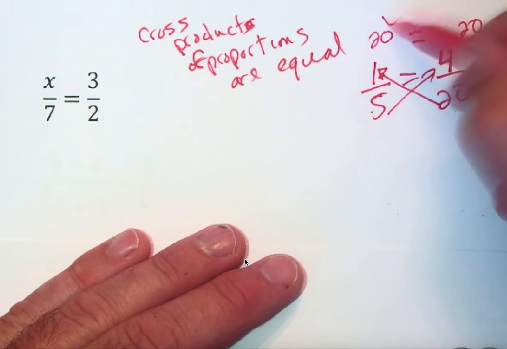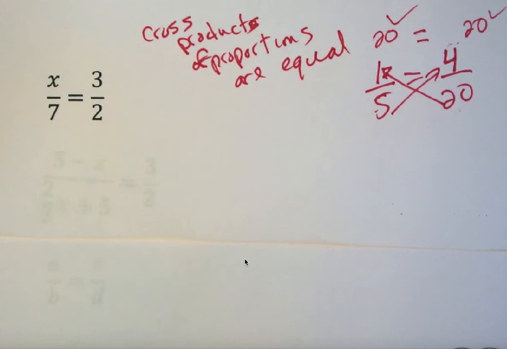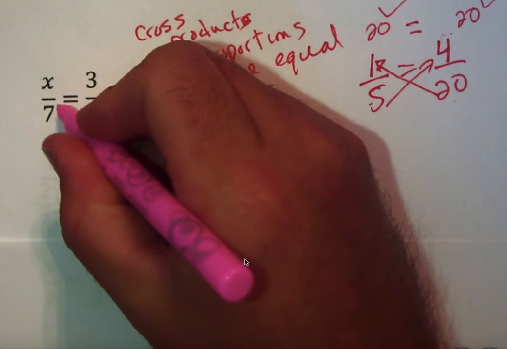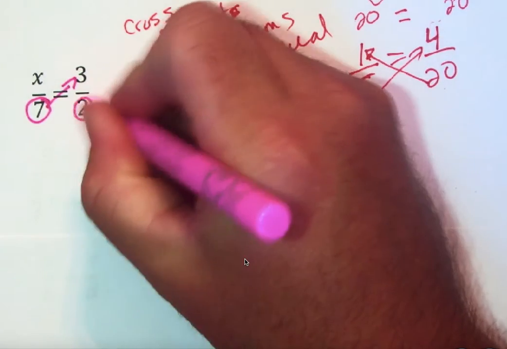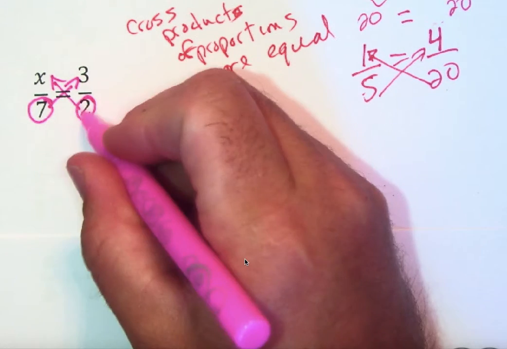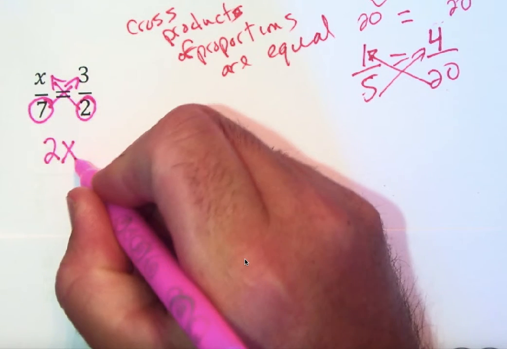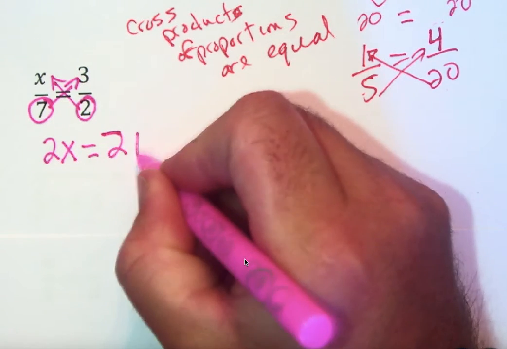We can see that when you multiply across, you get products that are equal. So we can solve this by using this idea of cross products. So we're going to take the 7 and multiply it by 3, and 2 times x. So 2 times x is 2x, equals 7 times 3, which is 21.